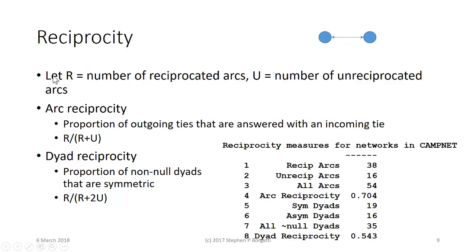There's another way of looking at it, which is to simply count up all possible dyads and classify the dyads as being one kind or another.